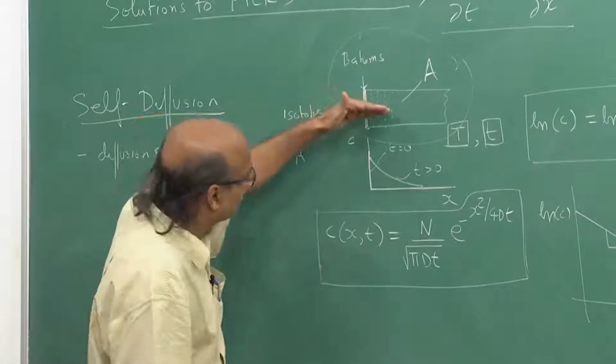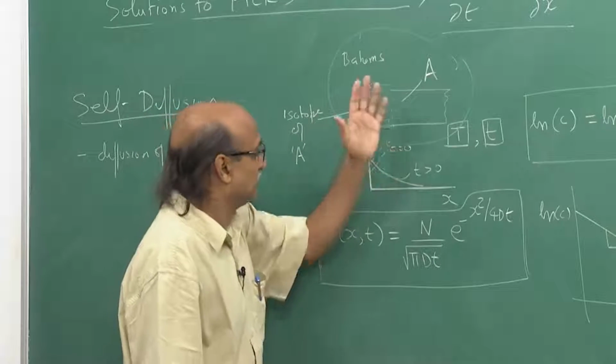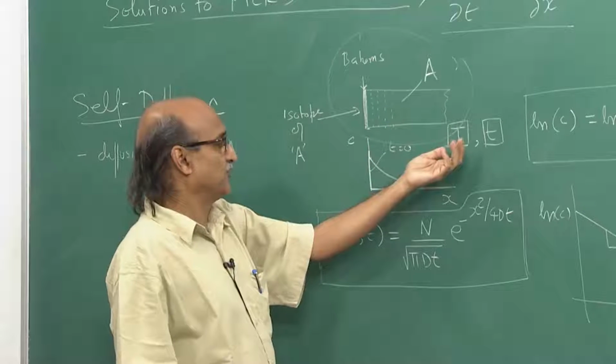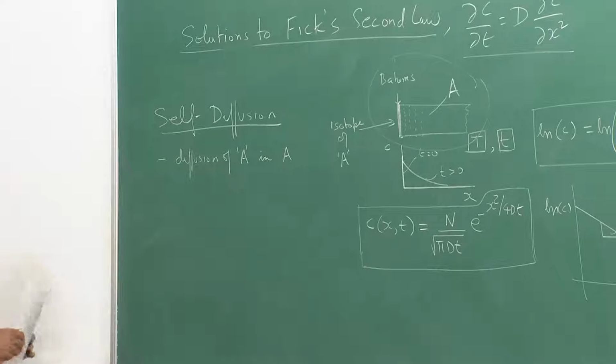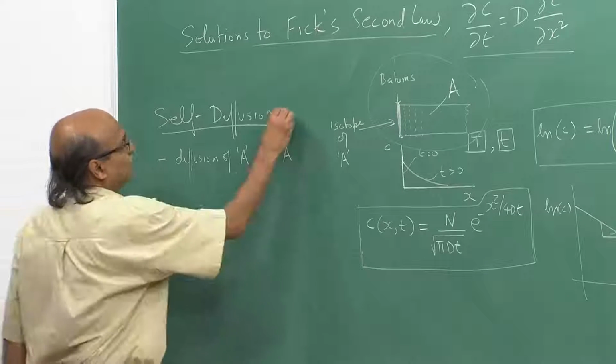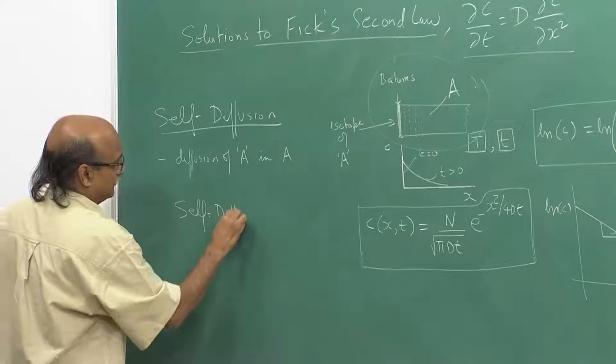What is the concentration of the A isotope at different distances after an experiment has been done for a specific temperature and time? With that, one can then obtain what is called the self-diffusion coefficient.